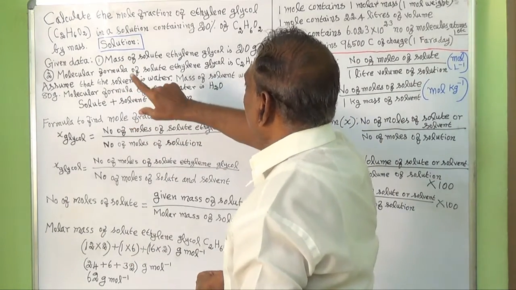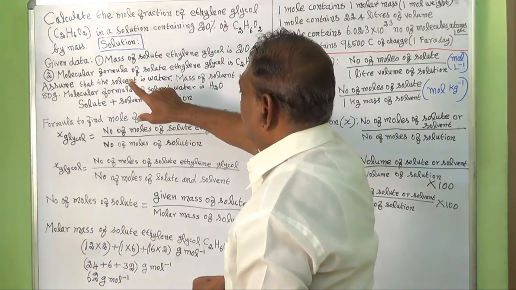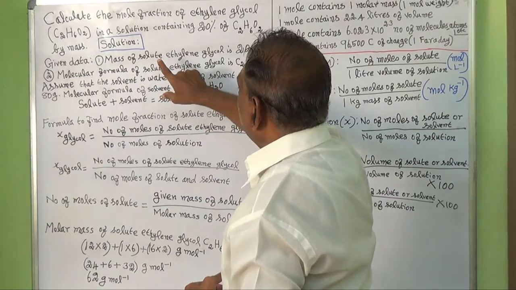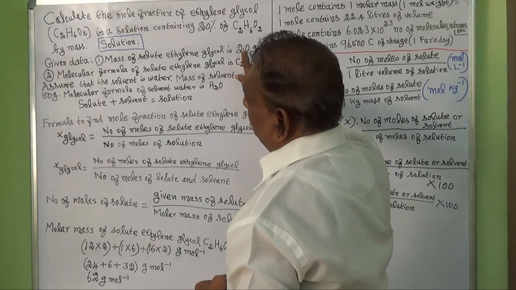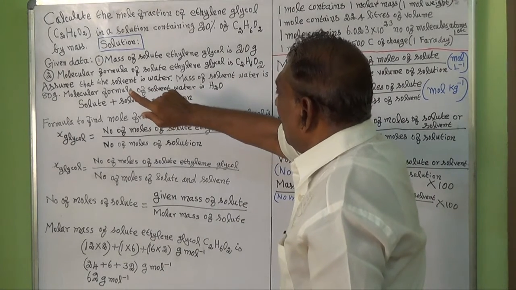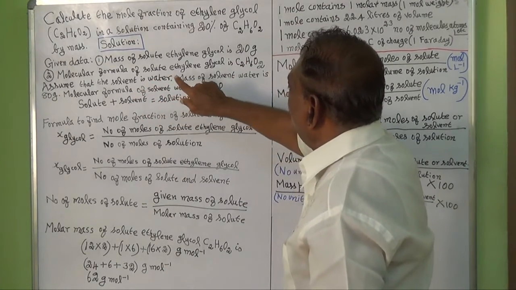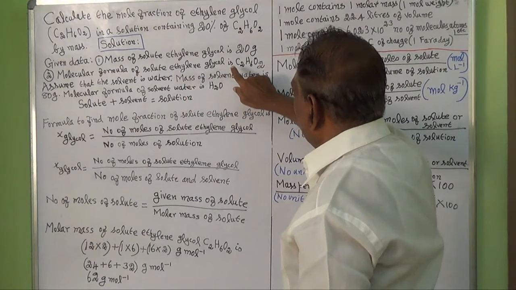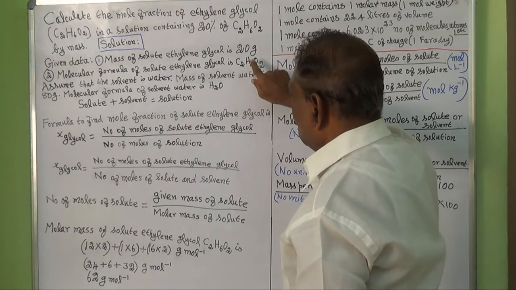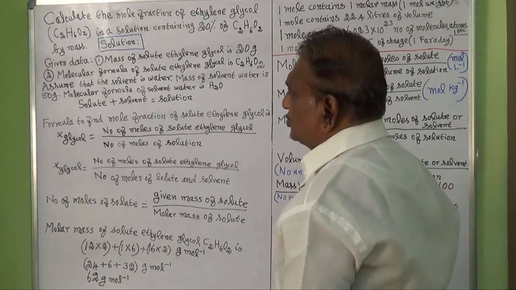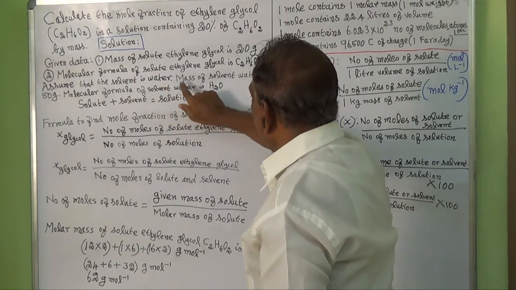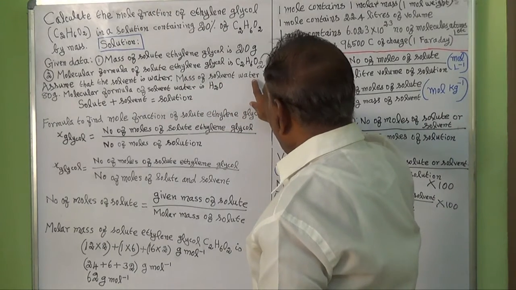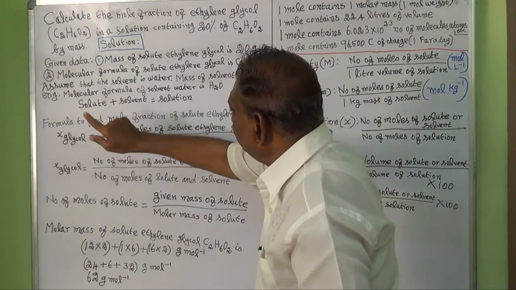The given data: 1. The mass of solute ethylene glycol is 20 gram. 2. Molecular formula of solute ethylene glycol is C2H6O2. Assume that the solvent is water. Mass of solvent water is 80 gram.